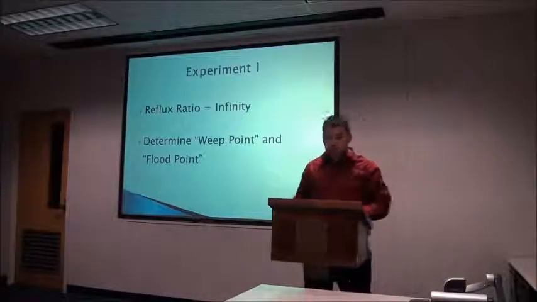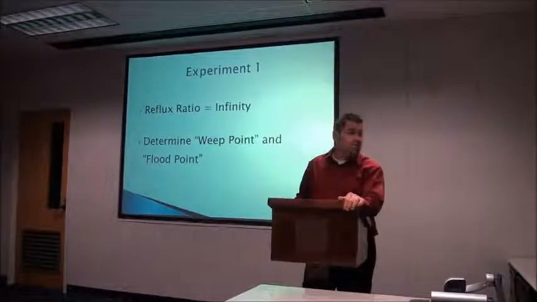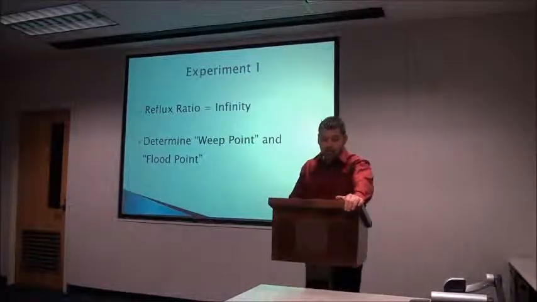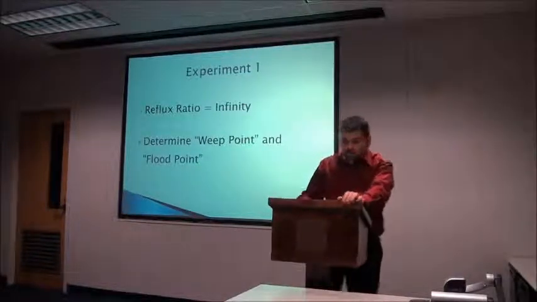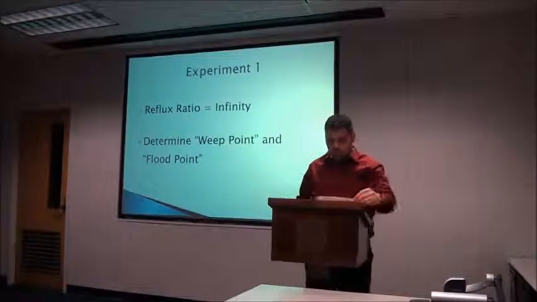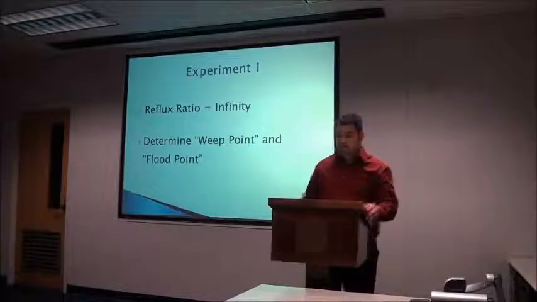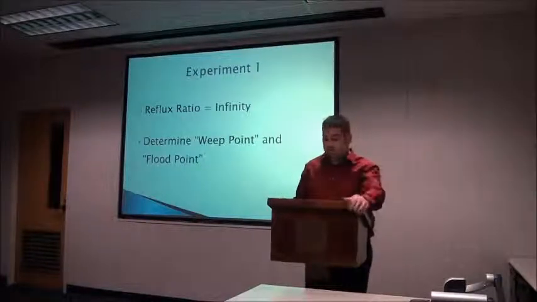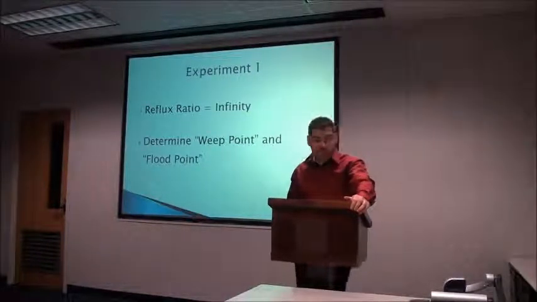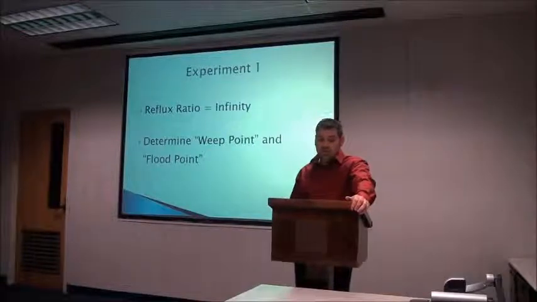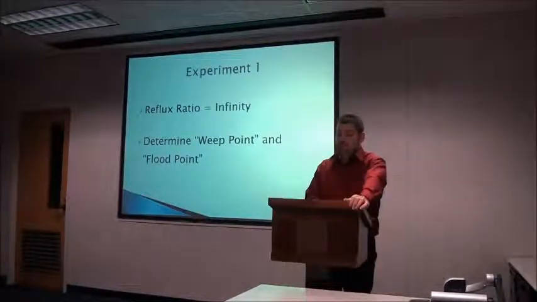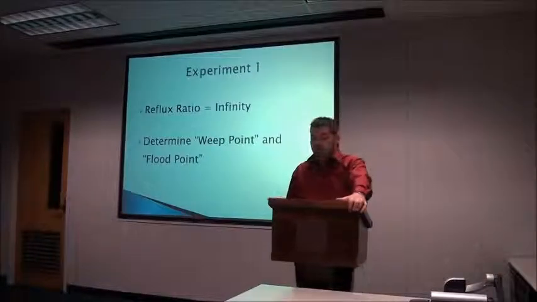In the first week, we made our reflux ratio equal to infinity. And the distillation column was set to operate at total reflux, which, like I said, was infinity, the reflux ratio. And then once a general bubbling occurred, the power was gradually turned down until we obtained the weeping point.